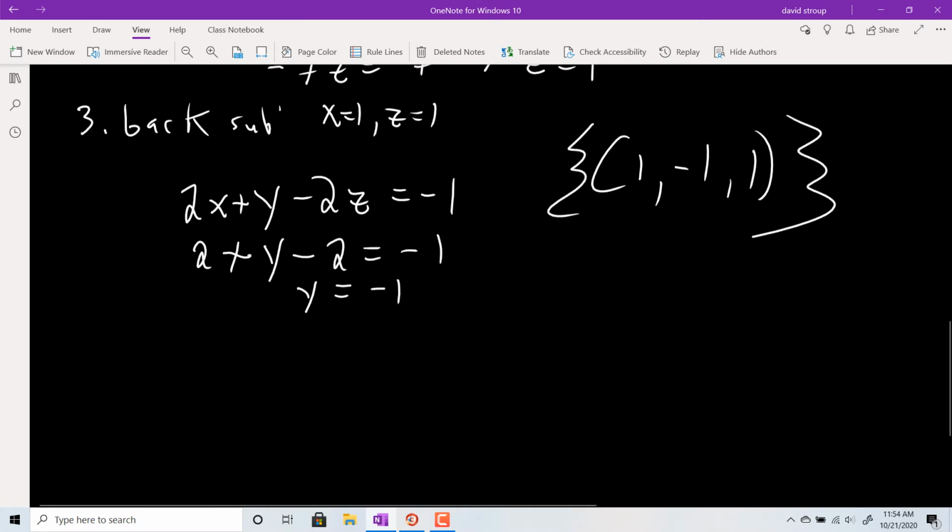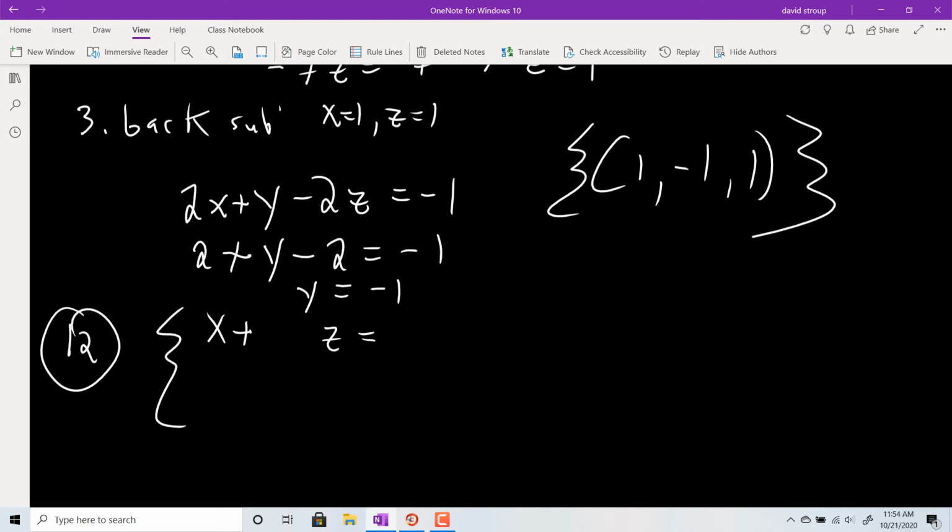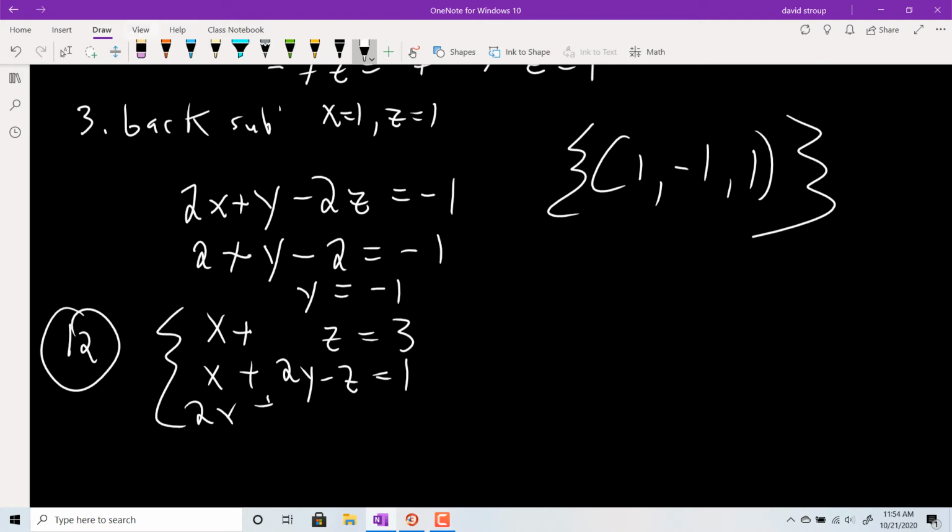Okay, let's try another. So x plus z equals 3, x plus 2y minus z equals 1, 2x minus y plus z equals 3.